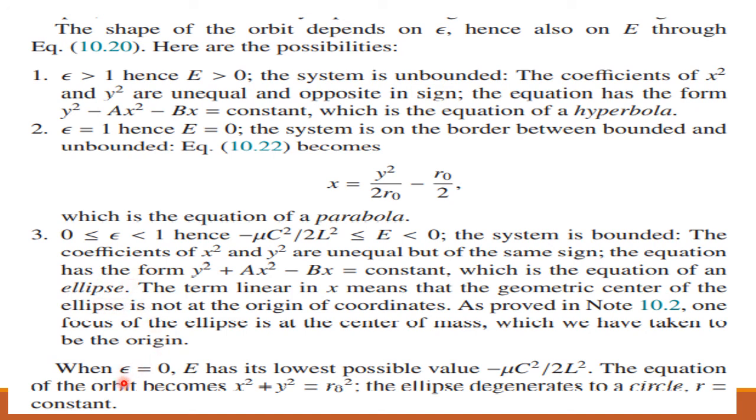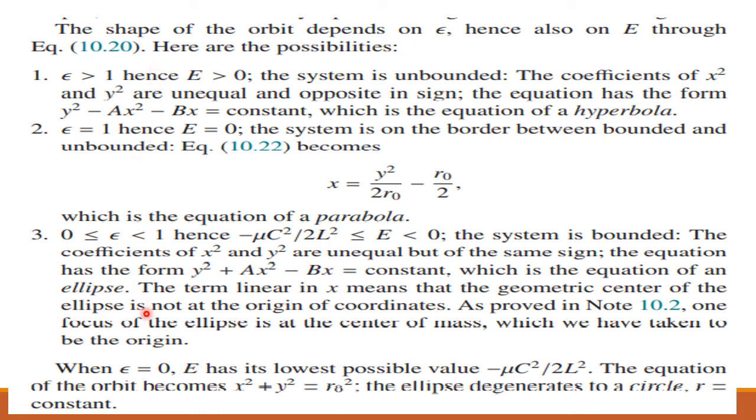The fourth case is when epsilon is equal to 0. Here E has its lowest possible value, which is minus mu C squared by 2 L squared. In that case the equation reduces to the equation of a circle, where r is a constant, so the path will be a circle.